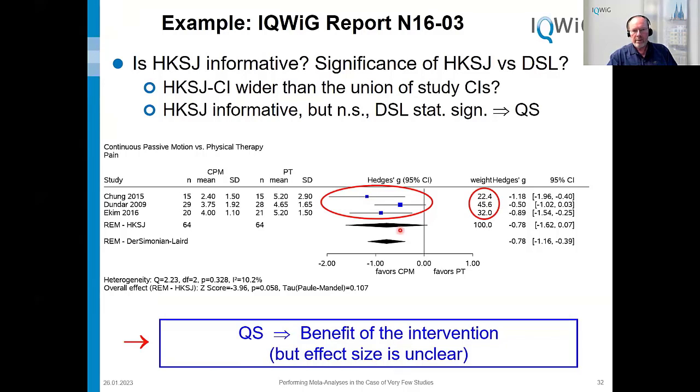But to decide there's no effect based on Hartung-Knapp-Sidik-Jonkman seems to be too conservative. It's better to say there is an effect, but we cannot say something about the amount of the effect size.